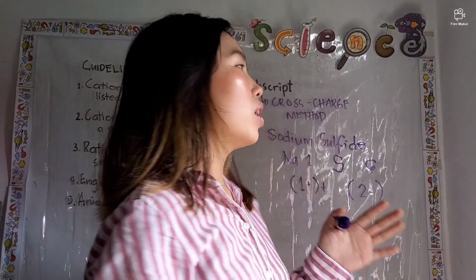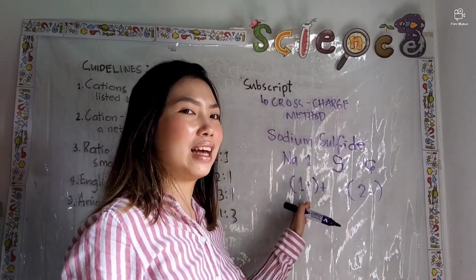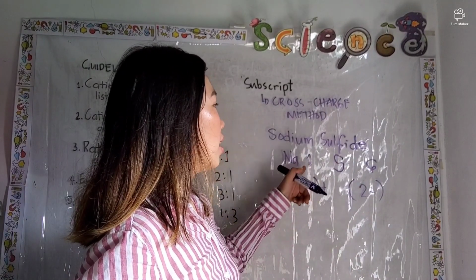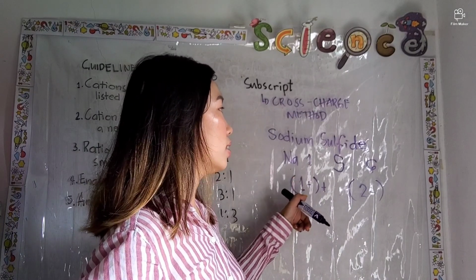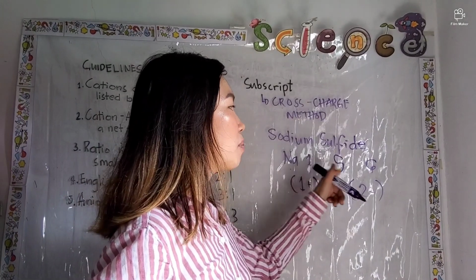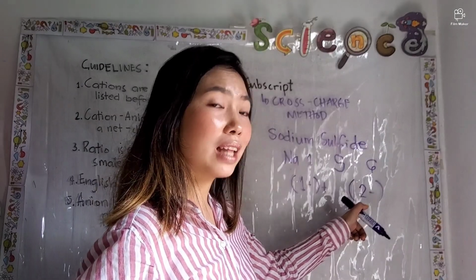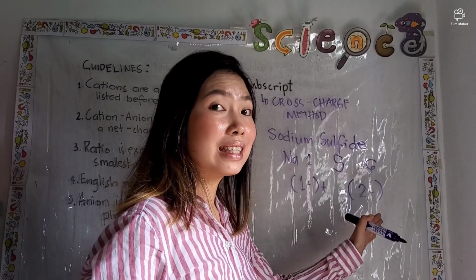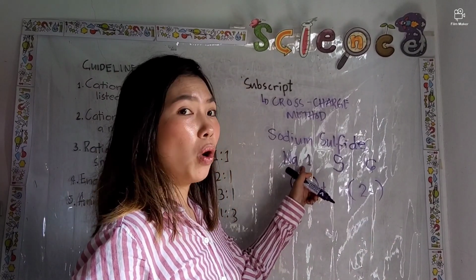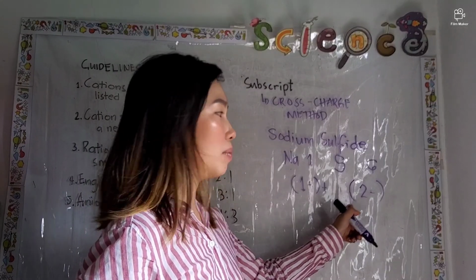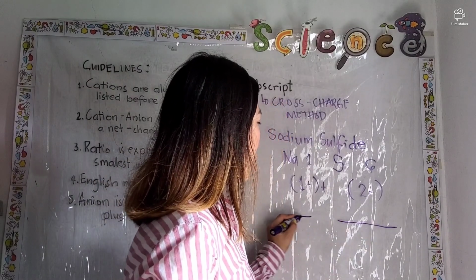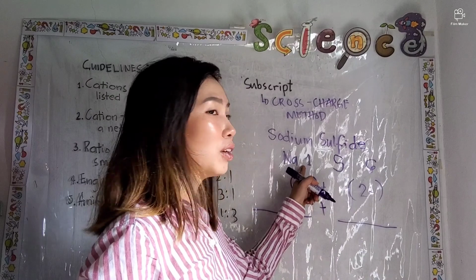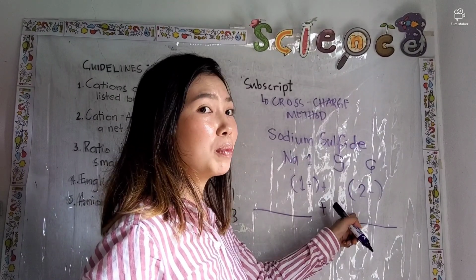Dahil hindi mag-i-equal sa 0 net charge ito, kailangan nating mag-cross ng charge. So, yung ating positive 1 ng sodium ay ililipat natin dito sa kabila. Kapag naglilipat tayo ng number papunta sa kabila, mababago ang kanyang sign. So, from being positive 1, kapag inilipat natin siya dito sa kabilang side, ito yung plus sign. Itong positive, pag inilipat natin sa kabila, will become negative 1.